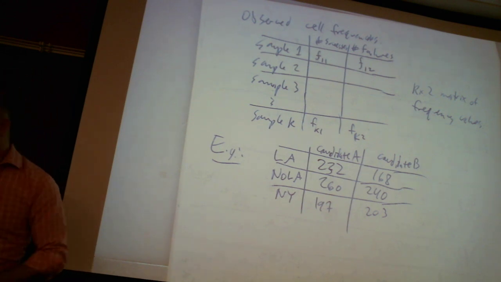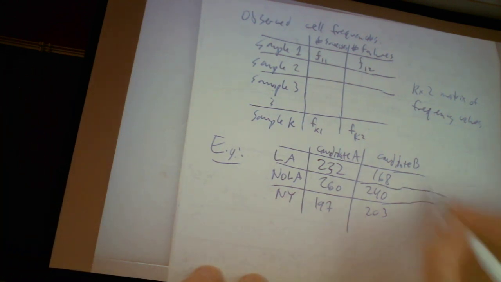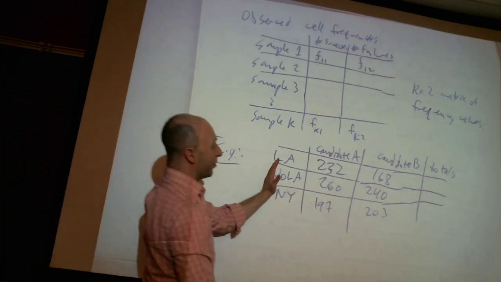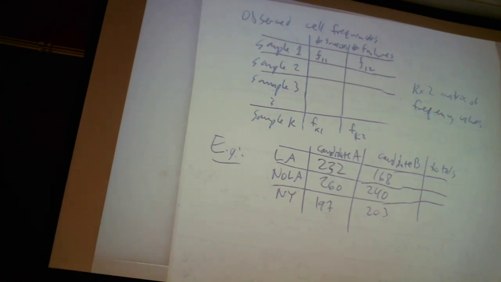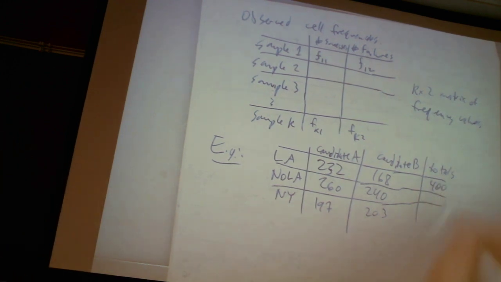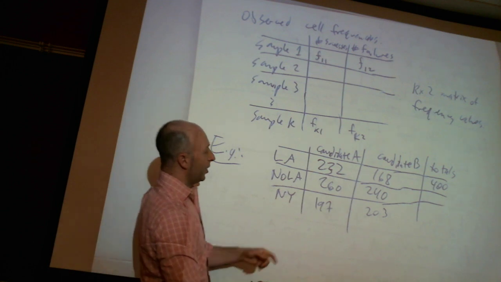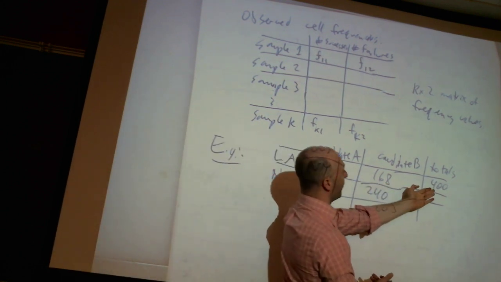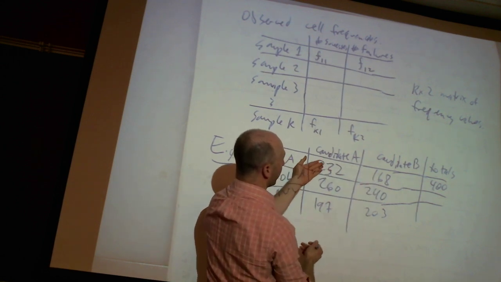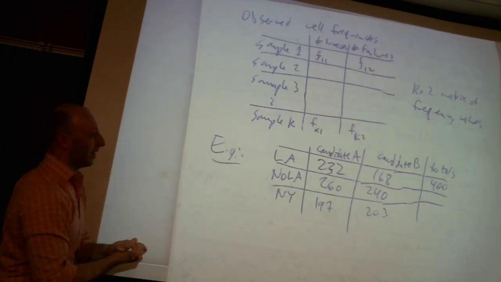The first thing you should do is look at the totals, which is summing your table this way. 168 plus 232 is 400. The halfway point is 200, so there's quite a big difference here between people preferring candidate A to candidate B.